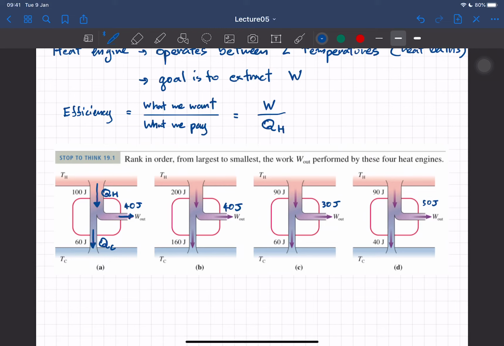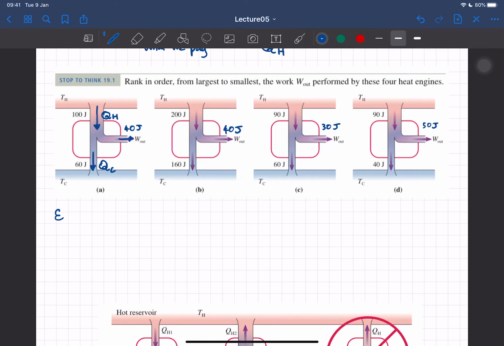So efficiency is kind of long, right? So sometimes we use this kind of curly E to indicate the efficiency. So the efficiency of the one on the leftmost is work, which is 40, divided by what we pay, which is 100. So that's going to be 40% efficiency. Now for the next one, you get the same amount of work.